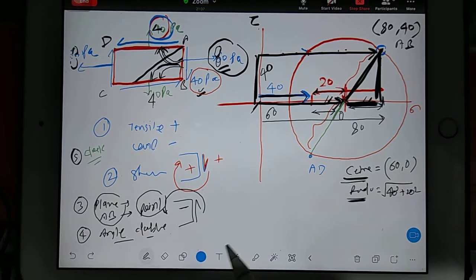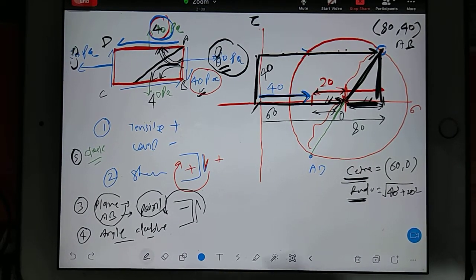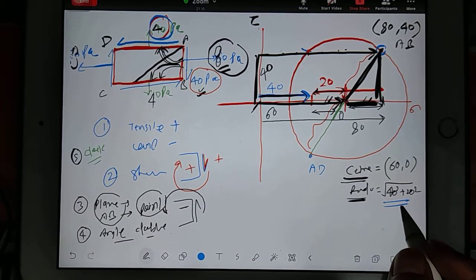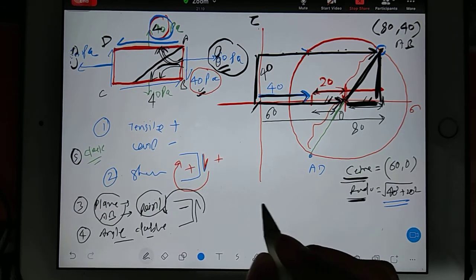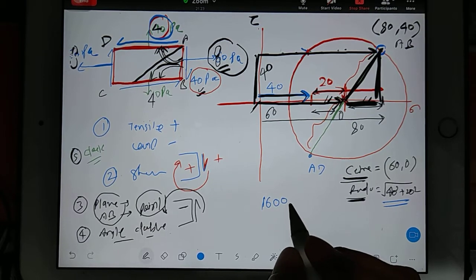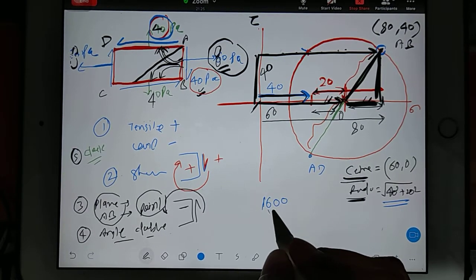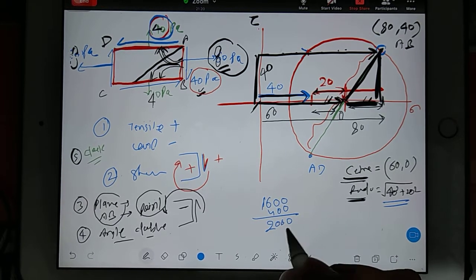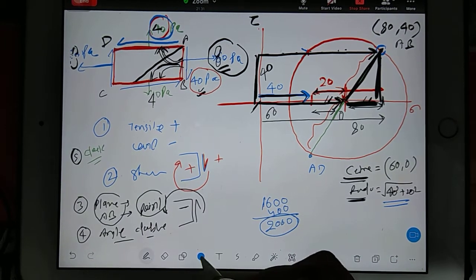You judge the location of center and radius. See, if you solve 40 square plus 20 square, 40 square means 1600 and 20 square means 400, and if you add them, you'll be getting 2000. And what is the square root of 2000?